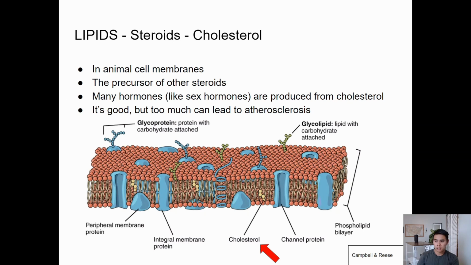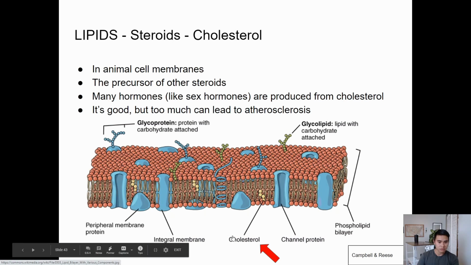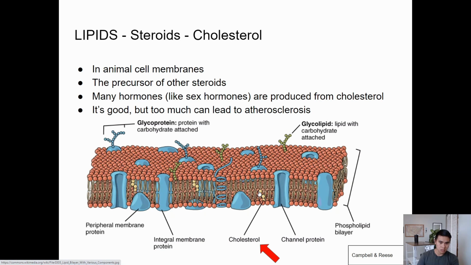And this right here is an animal membrane, and you can see if you look inside it that there's cholesterol. You can actually see the rings too. Pretty cool. So there's 4 rings right here in this drawing, and those 4 rings, those are cholesterol. They embed themselves within the phospholipid bilayer, and because they embed themselves inside the bilayer, one question you can ask yourself is, what property do they have?